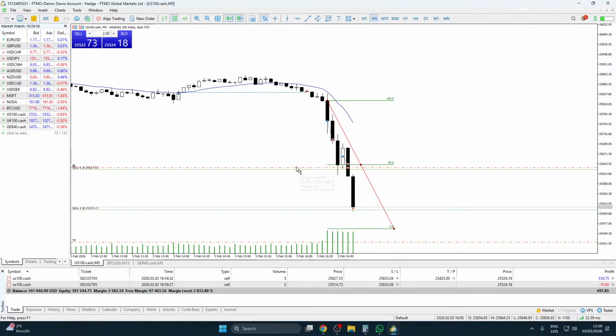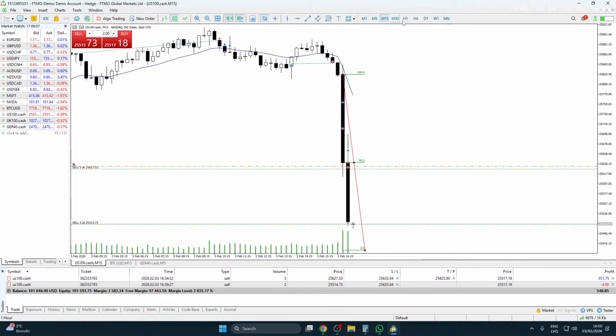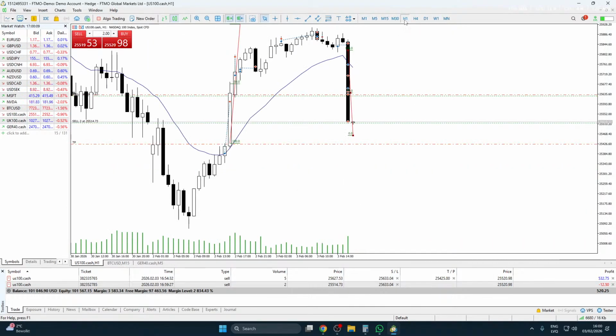So we are minimizing our risk. It's a big candle. It's crazy.